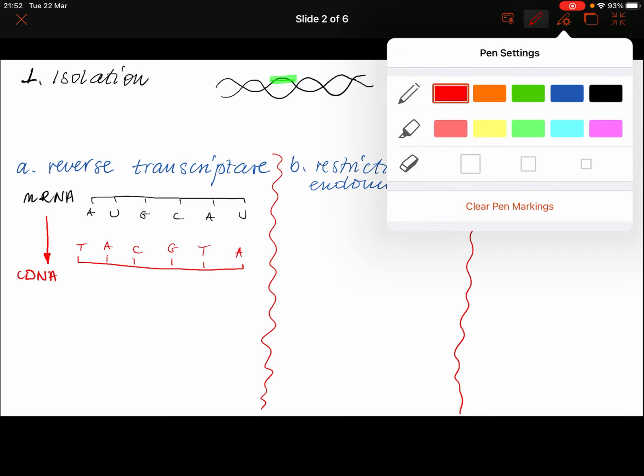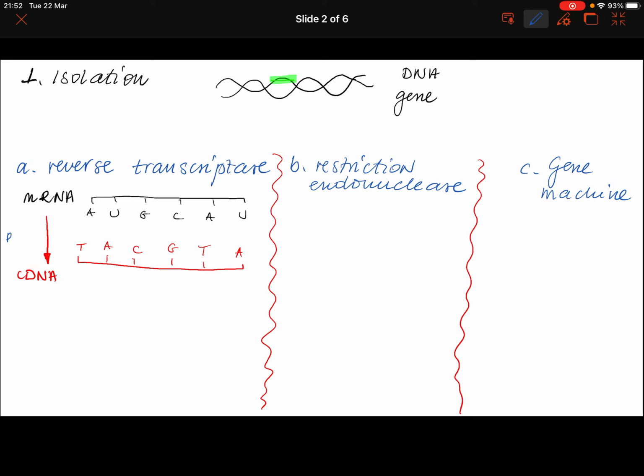This reverse transcriptase enzyme allowed us to use mRNA, a single-stranded nucleic acid, as a template to make a complementary cDNA. This cDNA is single-stranded. And now we, of course, want to make it into double-stranded DNA.